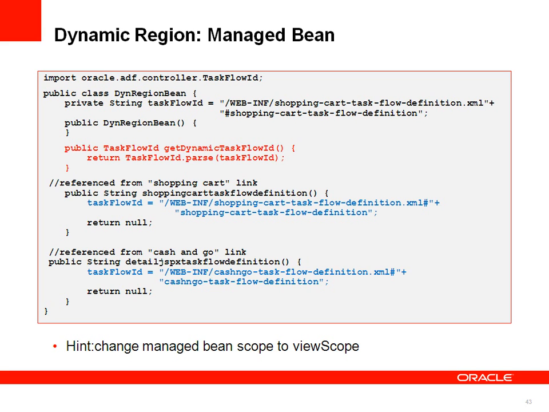So the first time the page launches and the dynamic region is resolved, it will get the default task flow that you have defined. But then users can call one of the methods to change the task flow ID to one of the other task flow definitions, which means that when you refresh the region, it will show a different task flow. You don't have to code that bean.